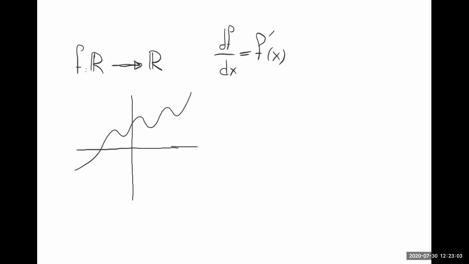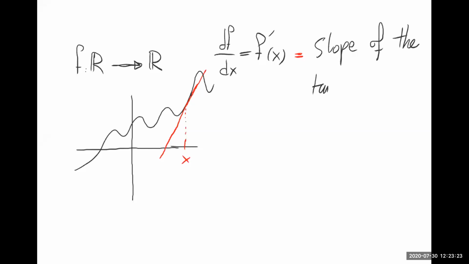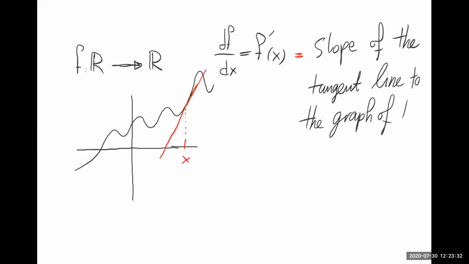So for example, if this is some point x, the geometric meaning of f prime of x is the slope of the tangent line at x, of the tangent line to the graph of the function at that point x and y.